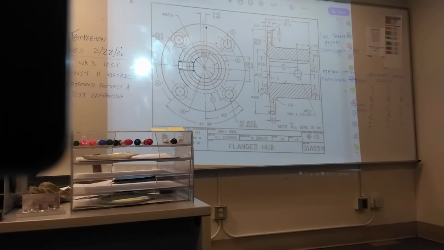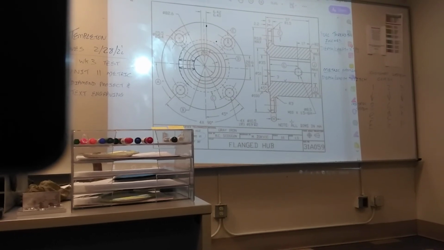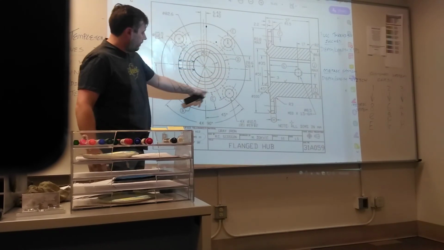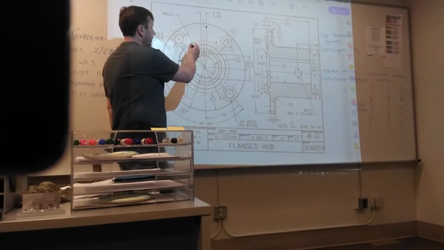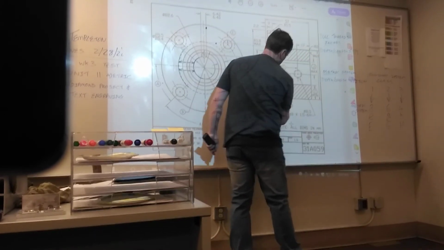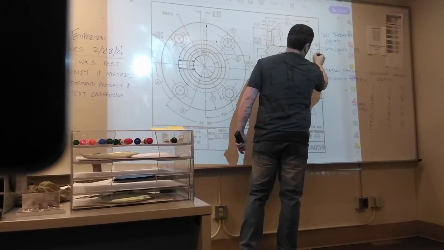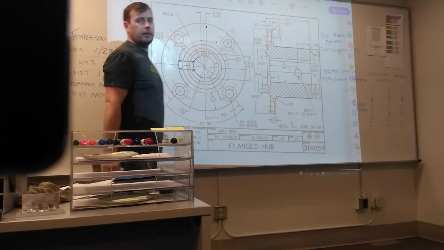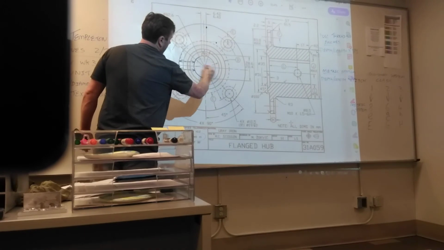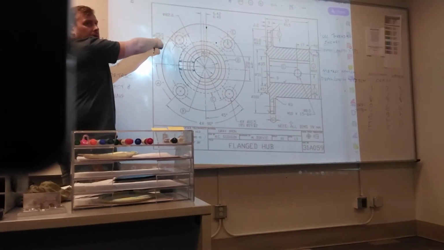So how much material is threaded? What does this hidden line represent? Follow it across. We have 60, and this section is the hole.